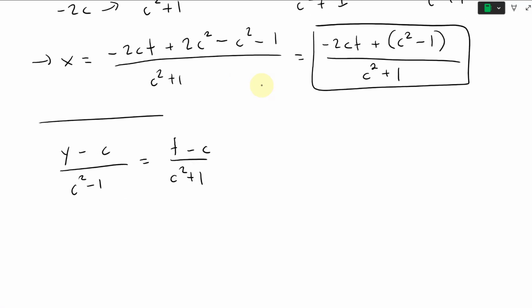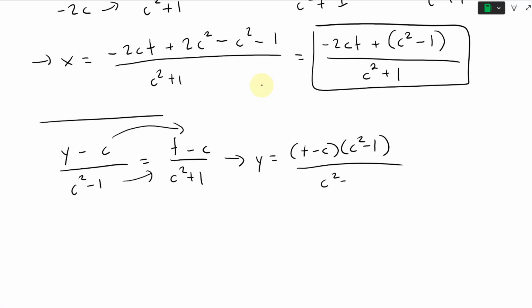Then move this over to this side and this over to the other side. We're going to get y equals (t minus c) times (c squared minus 1), over c squared plus 1, and then minus, this right here is going to be c.